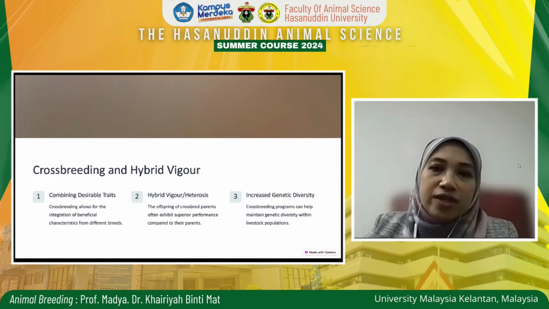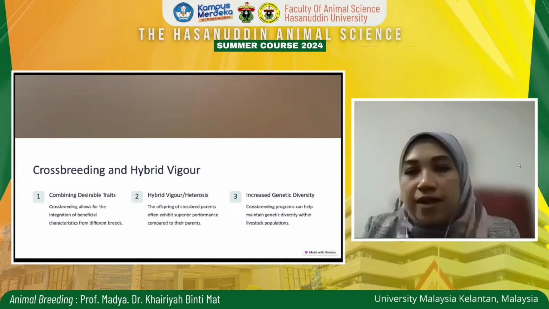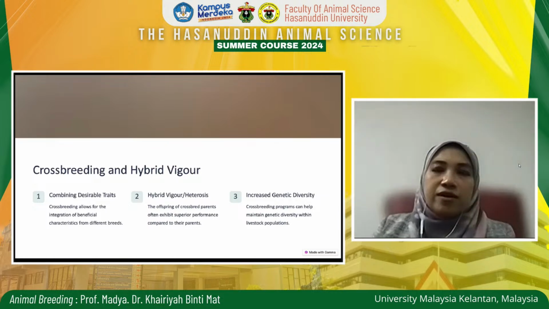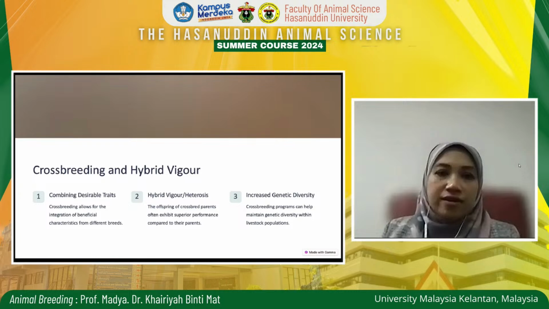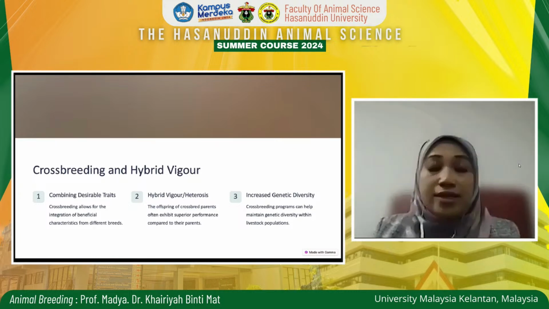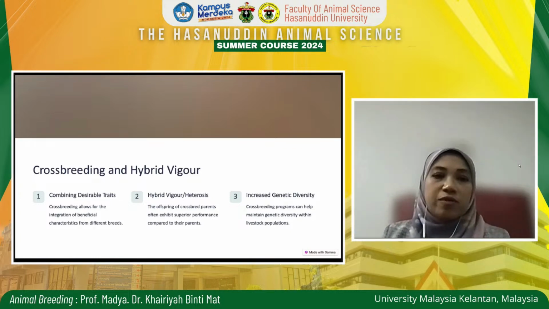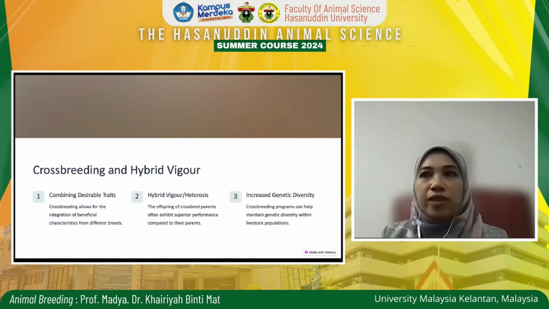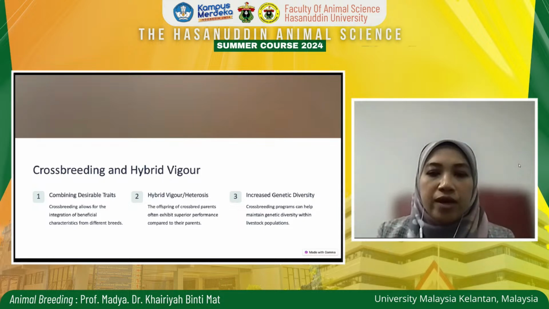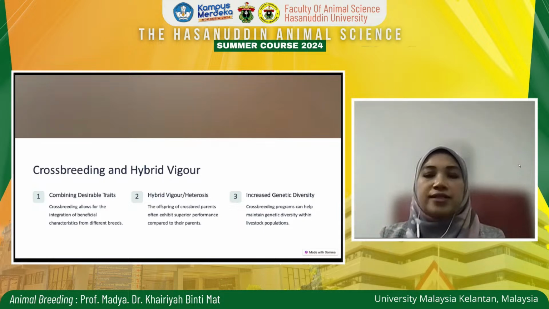So that's why some researchers and government sectors have conducted research on crossing the Kedah Kelantan. They crossbreed Kedah Kelantan with other important breeds, aiming for two things. One is survivability.